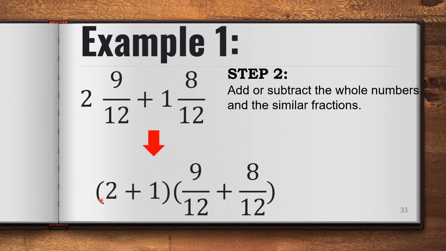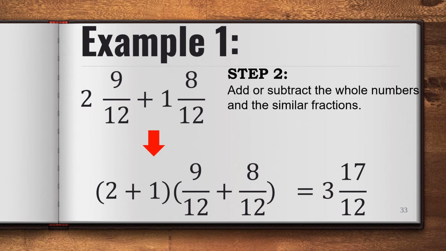On this part, we combine the whole number parts, and on this part, we are going to combine the fraction part. Okay, so let us now simplify this. 2 plus 1 is equal to 3, and then 9 plus 8 is equal to 17, and then we will just copy the denominator. Do you think this is the final answer?